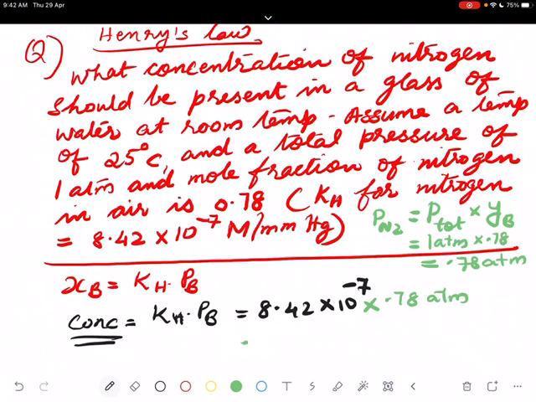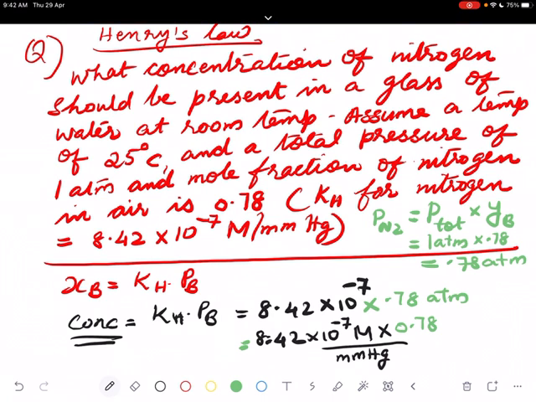Now, I'll write once again: 8.42 into 10 to the power minus 7 capital M upon mmHg, into 0.78 atmosphere.